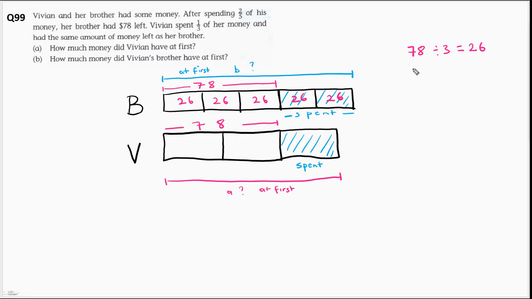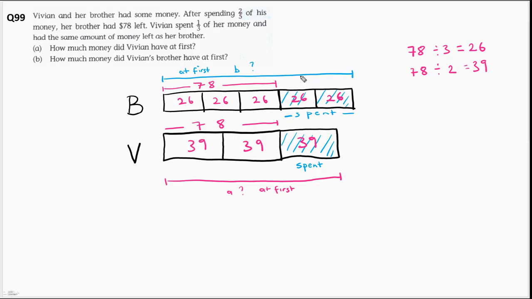So if we divide 78 by 2, we are going to get 39, which is the value of each of these parts.